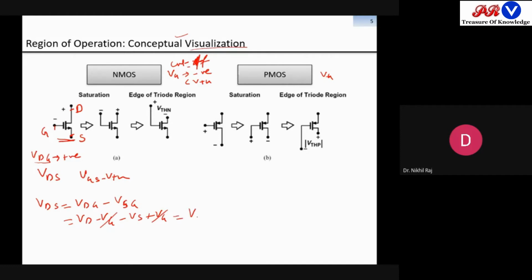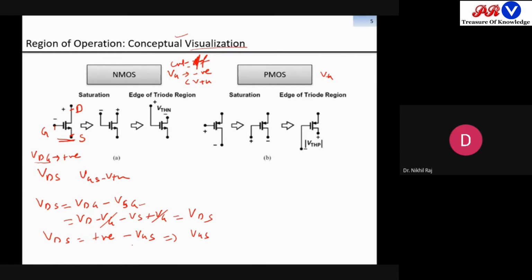We are left out with VDS. So we can rewrite in this form. So once we rewrite in this form, VDS is equals to VDG, some positive value, minus VGS.